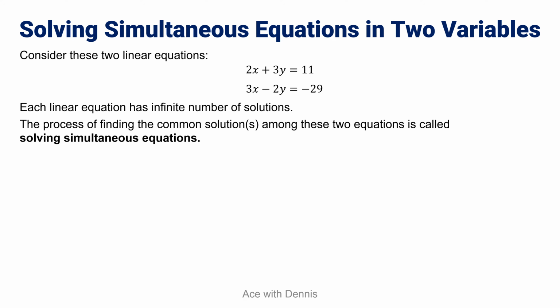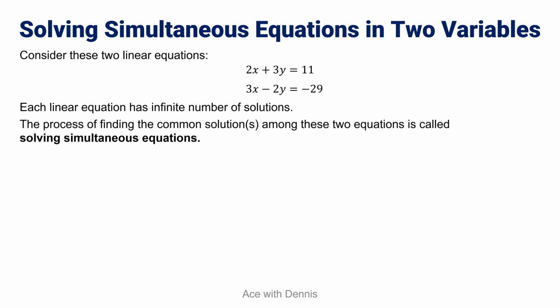However, in this part, as you can see, we have two variables. So if we have two variables, we can't solve it using only one linear equation. We need to have two linear equations. We solve them and we can get the value of x and the value of y. Remember, two variables, we need two linear equations.